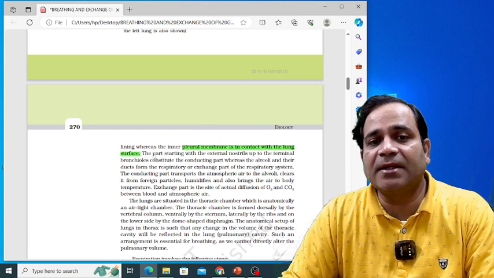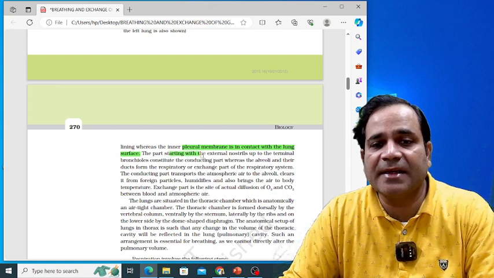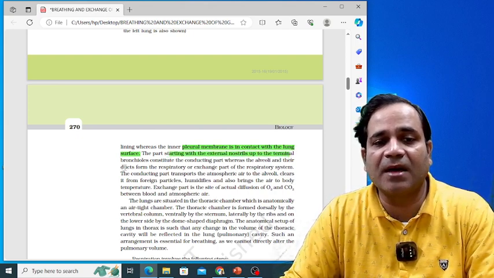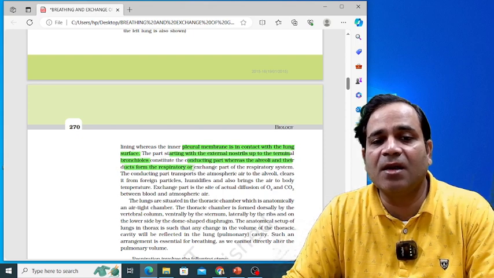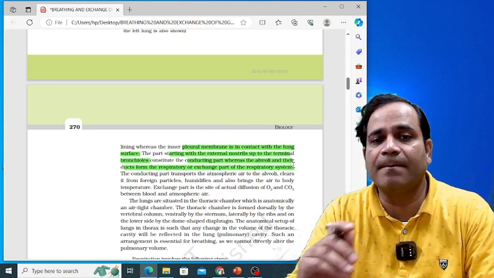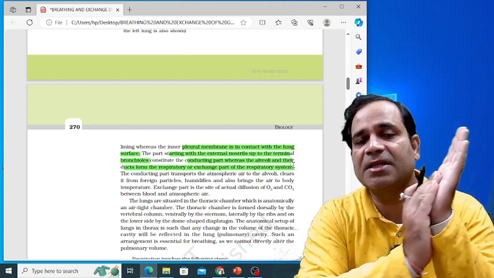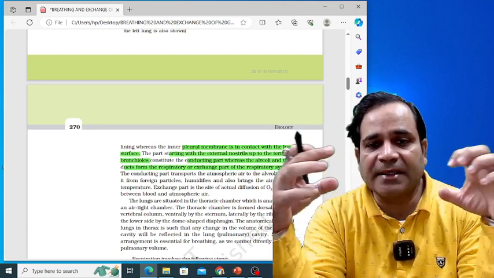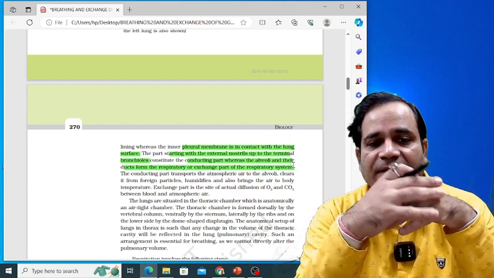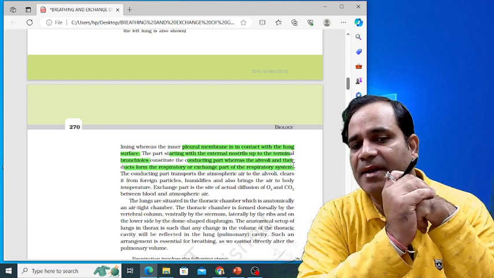The respiratory tract, starting from the external nostrils up to the terminal bronchioles, constitutes the conducting part, whereas the alveoli and their ducts form the respiratory or exchange part of the respiratory system, my dear.